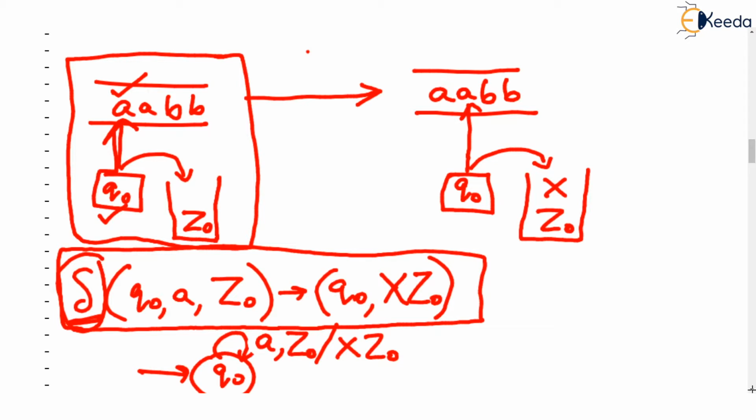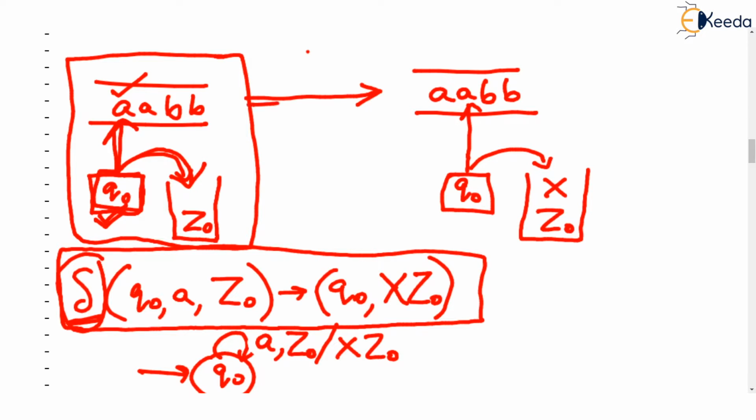This was the state control, isn't it? Recall the block diagram. This was the state control. Currently, let's say PDA is in state Q0, and currently the stack stores a symbol Z0. That means we have three things. Input read is A, current state is Q0, and the topmost symbol on the stack is Z0.